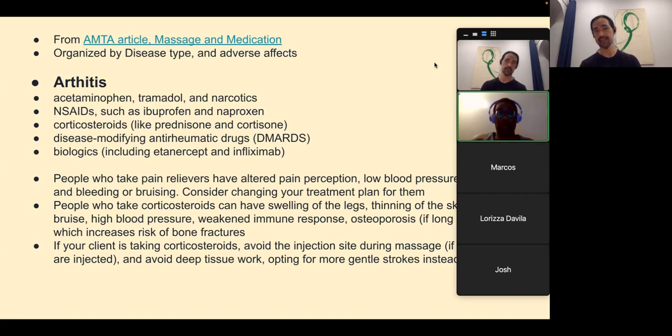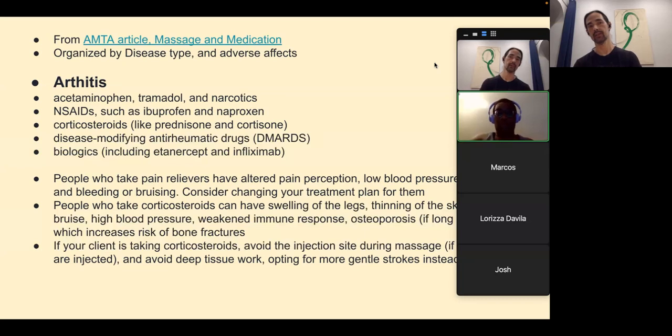They also use NSAIDs, non-steroidal anti-inflammatory drugs, and anti-inflammatory reduces inflammation, reduces swelling. Remember that when there's inflammation, there is swelling. And when we say this is inflamed, what we mean is there is swelling, like water in there, right? Fluid in there.